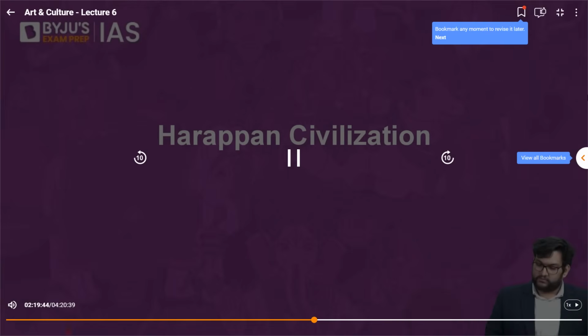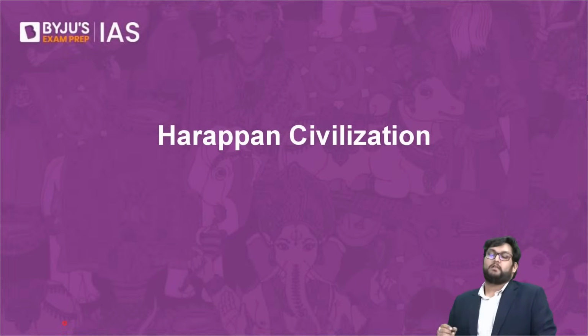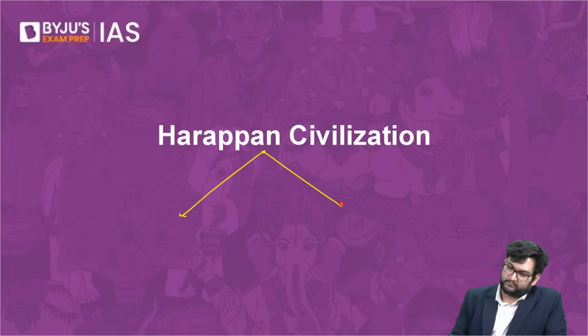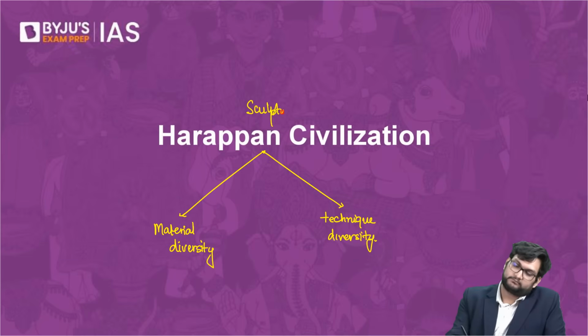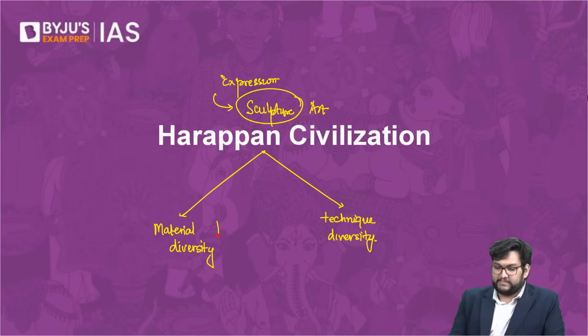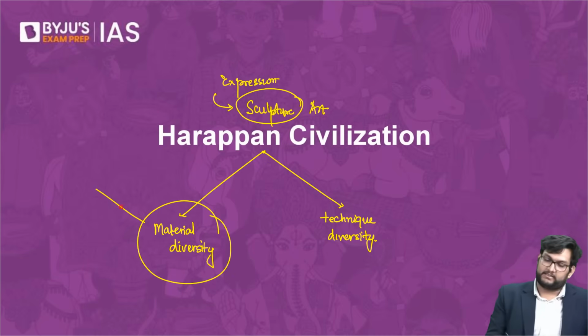Now, there are two things which you need to understand here basically. One is called material diversity. The second one is called technique diversity. Meaning, when it came to sculpture or art or expression, they have material diversity in the sense that they are using terracotta.